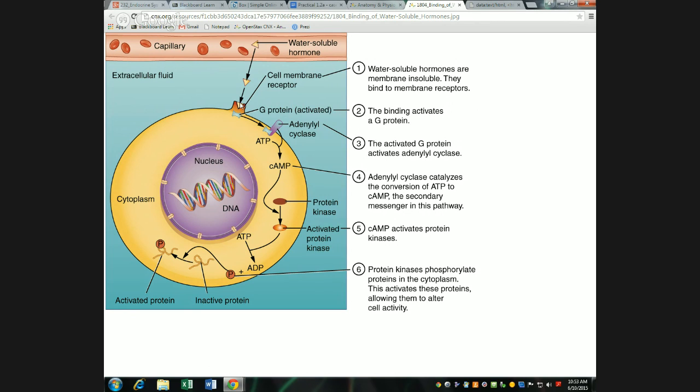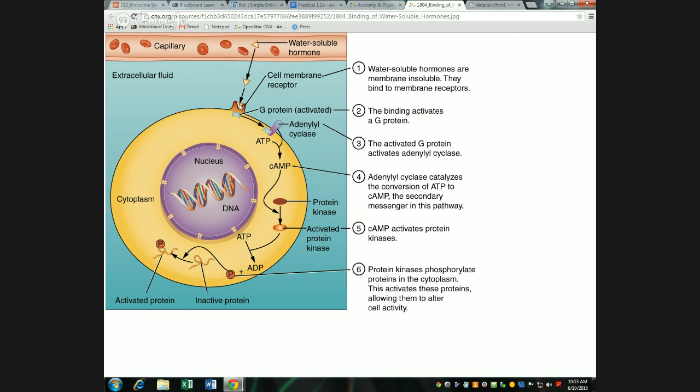So when the hormone binds, the end result is a new signal shows up inside the cell. That's going to activate some protein enzymes and cause changes inside the cell, not all of which are necessarily depicted in this picture, but several different things can happen. And that changes what happens in the cell.